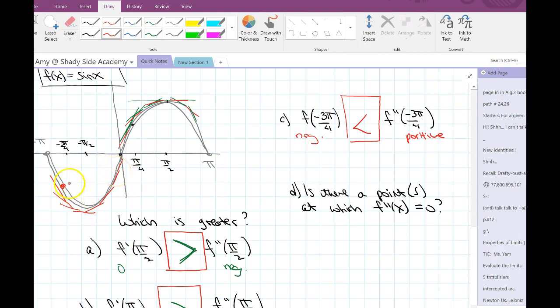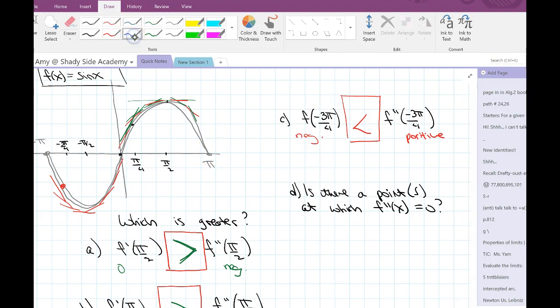But the point is that f double prime is positive, then it's negative. And when we say f double prime is positive, what we're saying is the slopes of the tangent lines increase. And at some point around here, the slopes of the tangent lines start to decrease. That means f double prime is positive, then at some point around here, it becomes negative.